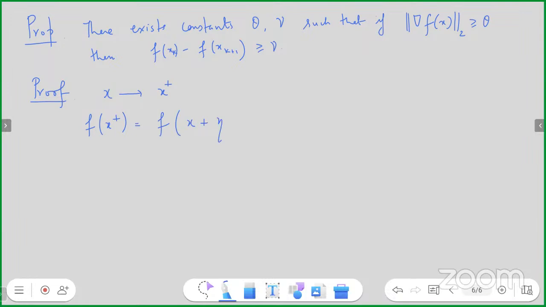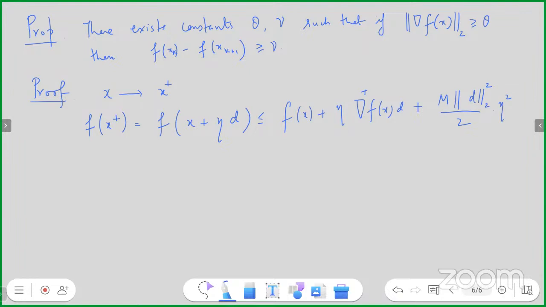Let's call it D. This is less than or equal to f of x plus eta gradient of f of x transpose D plus m times D square by 2. This is just the second order Taylor approximation where I'm substituting the assumption I made earlier that the Hessian is less than or equal to capital M times identity.